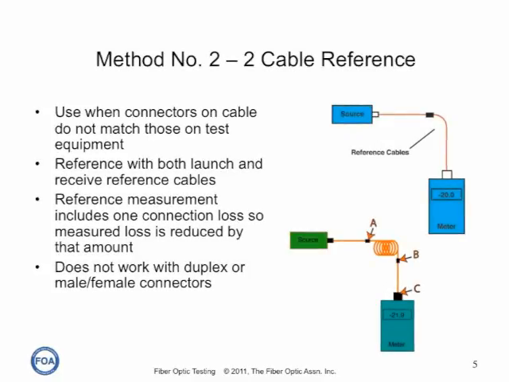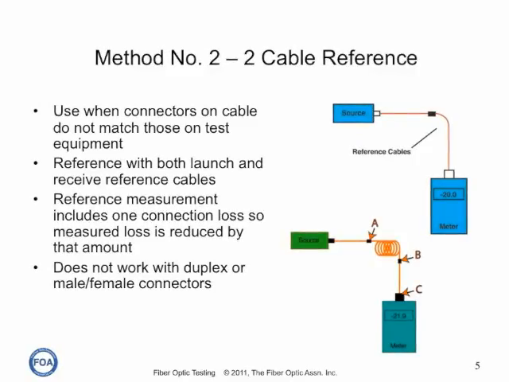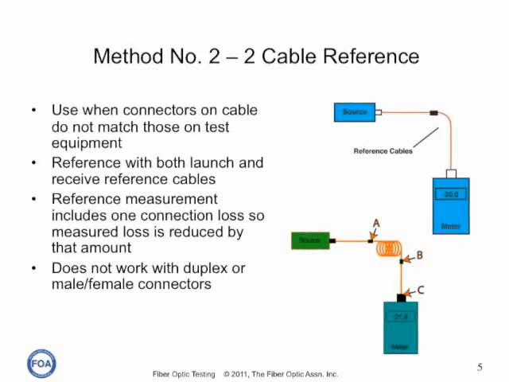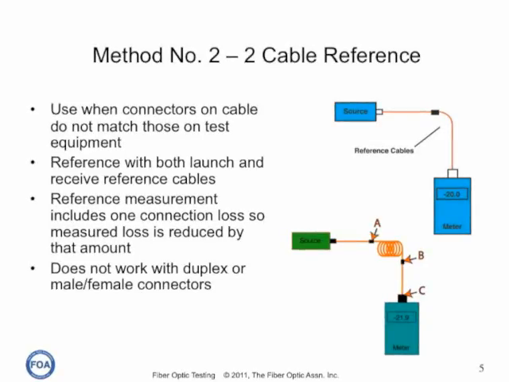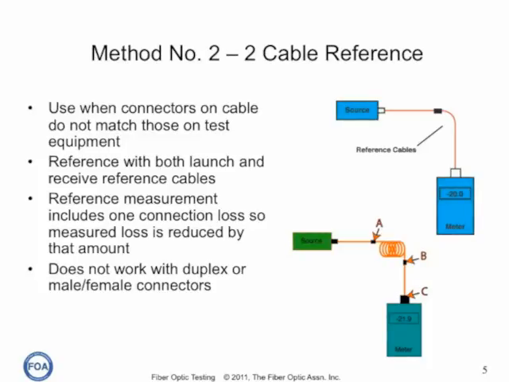We make a similar kind of measurement, but with one major difference. When we have set the reference, we include in our reference the loss of the connection between the two reference cables. When we make our final test, the value we measure for the loss of the cable plant will be smaller by the loss of that connection between the two reference cables.